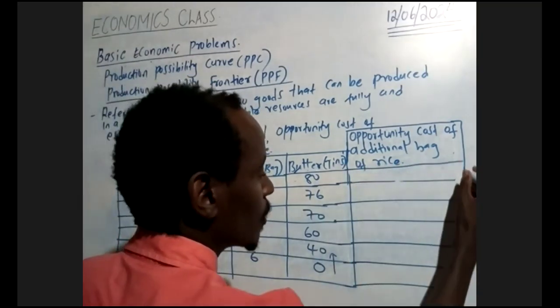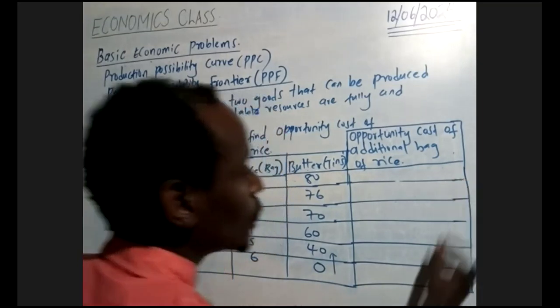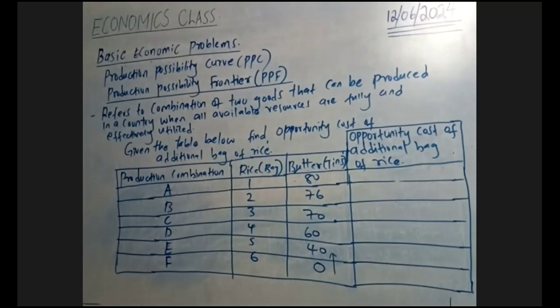So let us do that one now. So when we talk about opportunity cost of additional bag of rice, it means the opportunity cost will be the amount of resource of tins that will be lost when we are consuming butter.